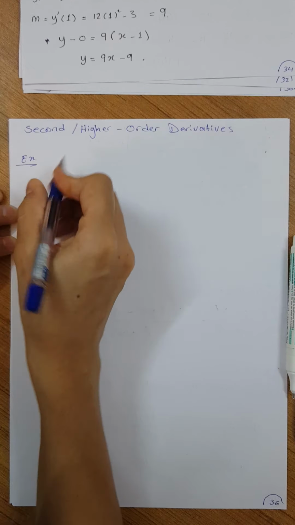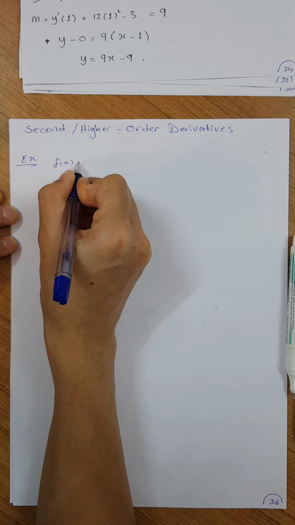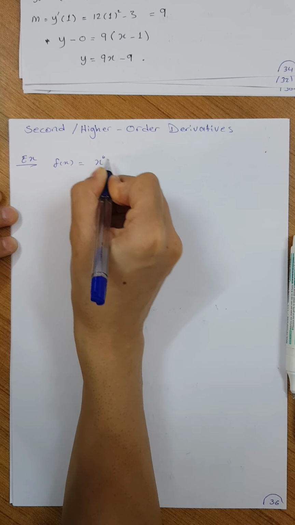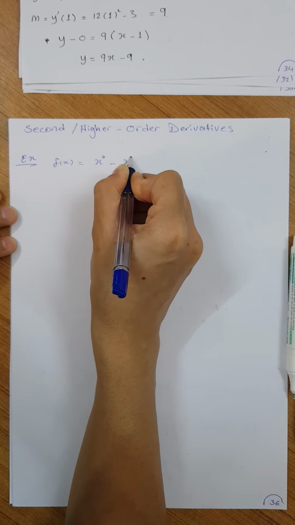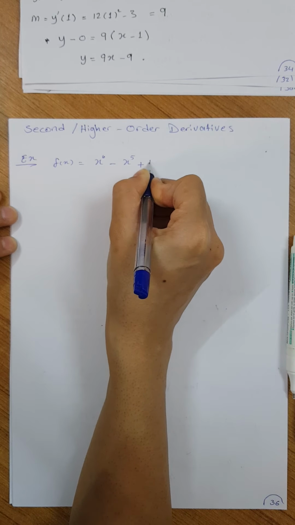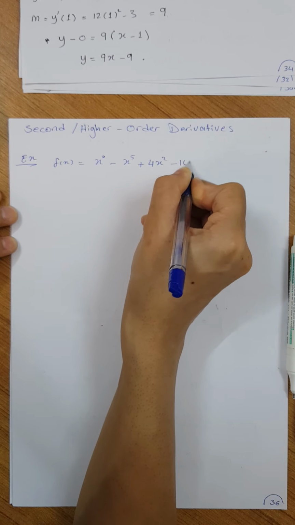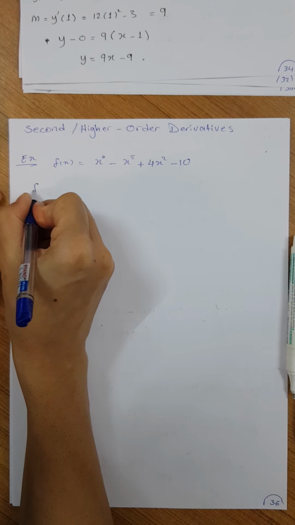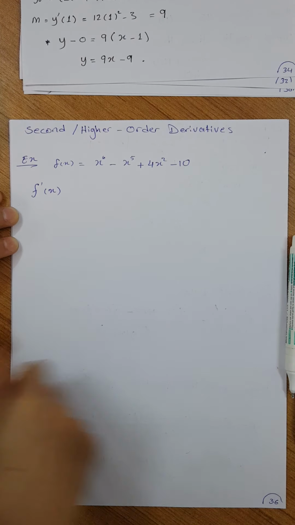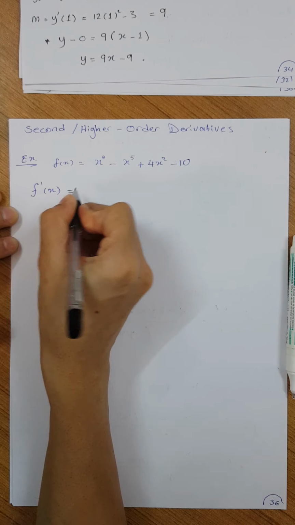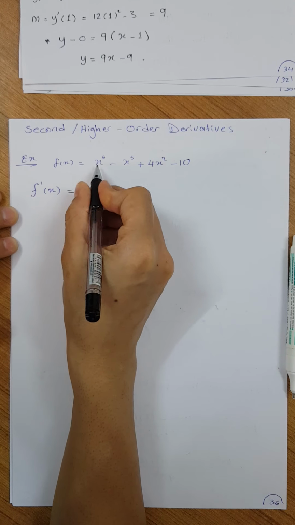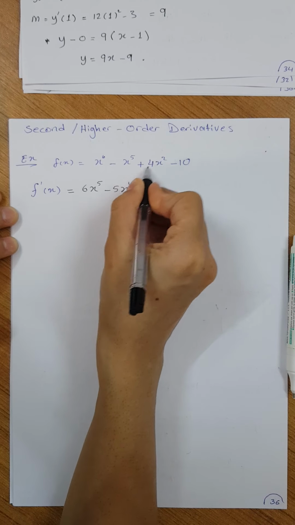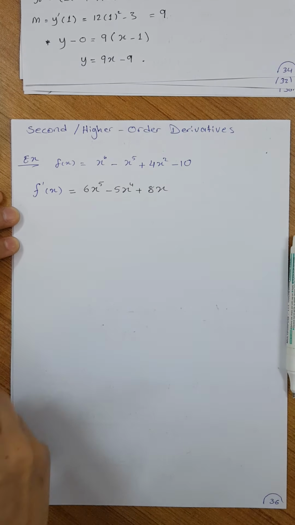If f of x is given to you as, for example, x to the power of 6 minus x to the power of 5 plus 4x to the power of 2 minus 10, and you are required to find the first derivative, that's equal to 6x to the power of 5 minus 5x to the power of 4 plus 2 times 4, which is 8x, and the constant is equal to 0.